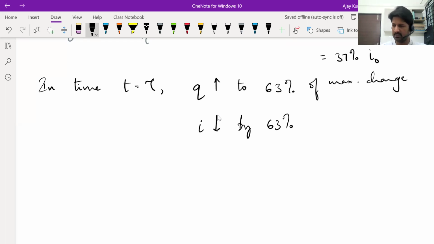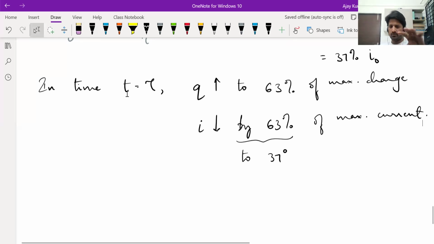Okay, there's a difference: decreasing to something, decreasing by something. So this way you can tell what is the current flowing as a function of time, and what is the charge on the capacitor as a function of time also.